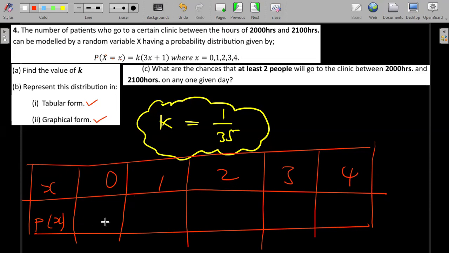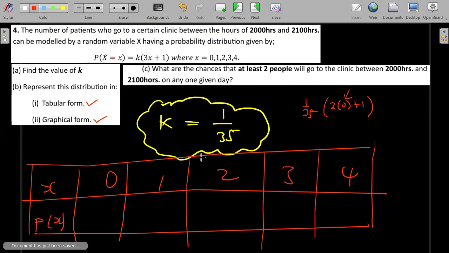So what is the probability of each? Remember that k is 1 over 35. So there it will be 1 over 35, which is the k, and inside, 3 multiplied by 0 plus 1. We are just changing the value there.